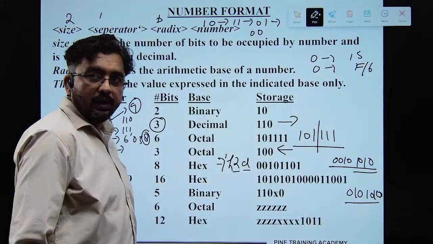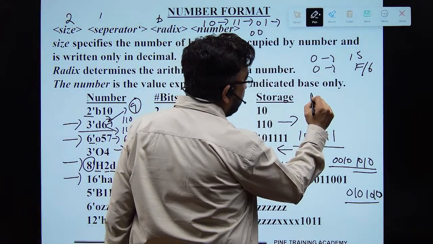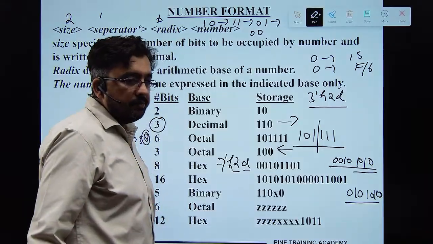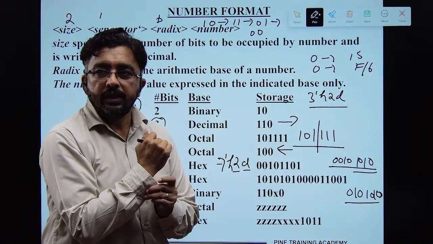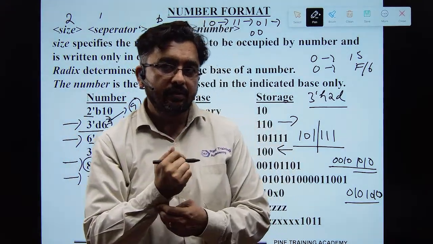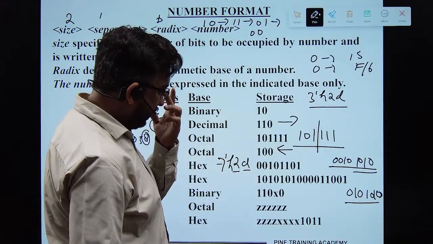What happens if we have written 3'h2D? Then it is easy: you cannot represent D and 2 in 3 bits, so again it will be an error or warning or whatever.